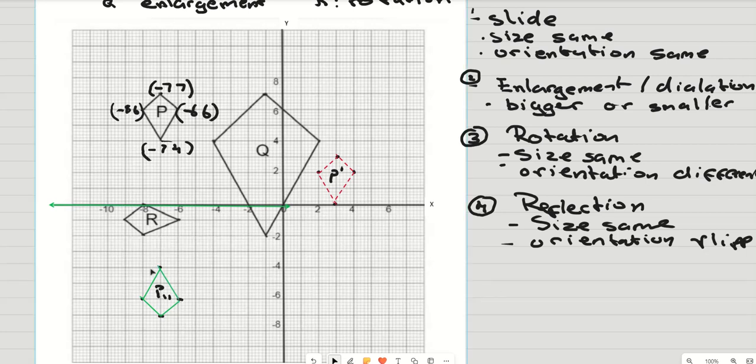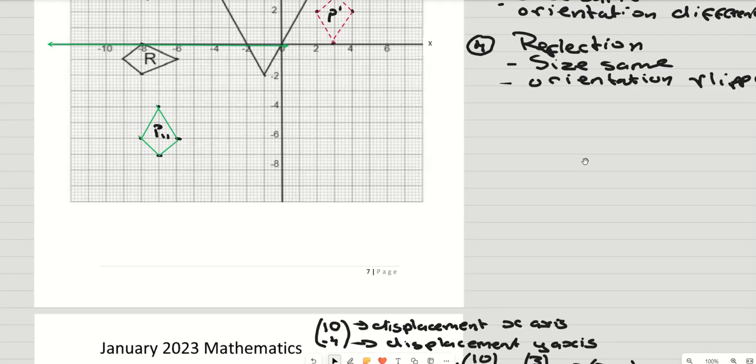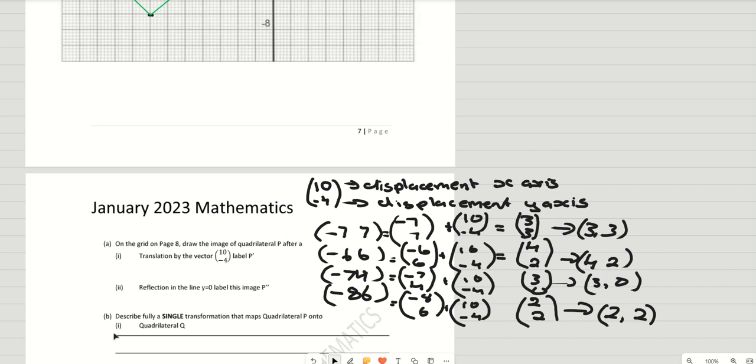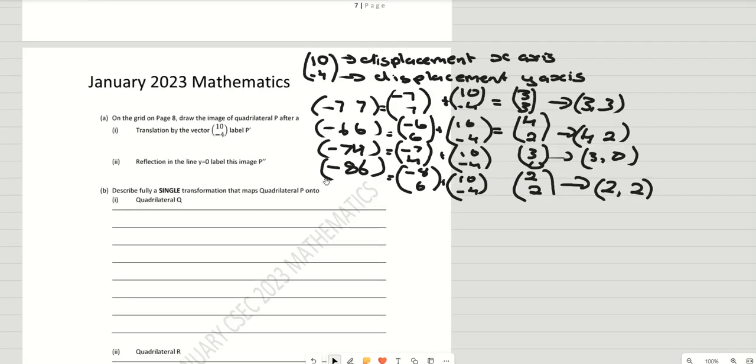Right, so this would be image P. Right, and that's how you would get the answer for that.